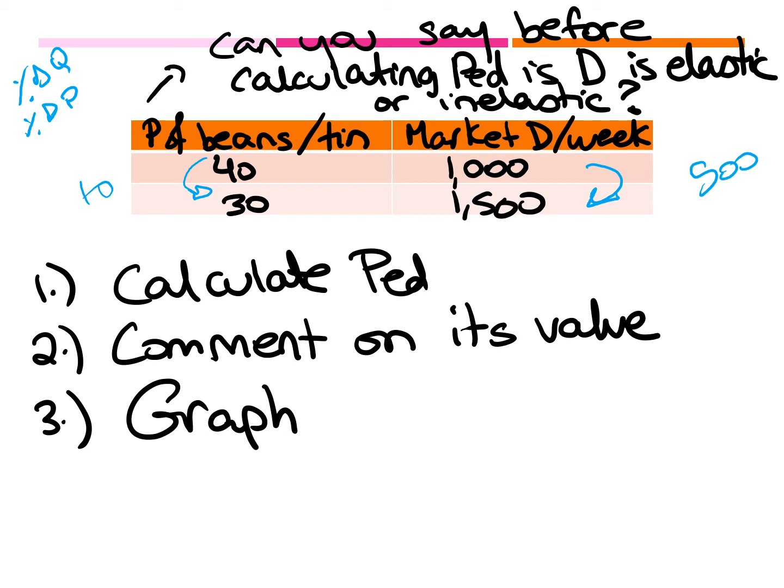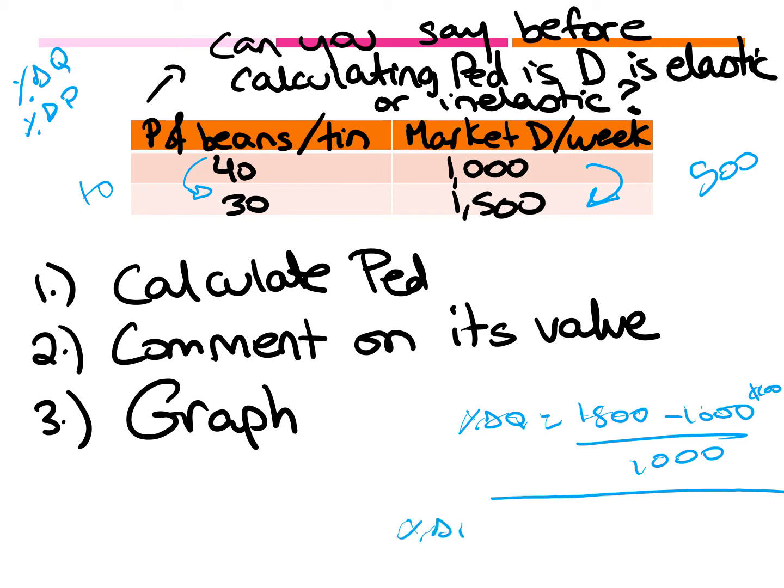When I am calculating PED, the percentage change in quantity would be 1,500 minus 1,000 divided by 1,000 times 100. All of it I divide by the percentage change in price, which is 30 minus 40 over 40 times 100.